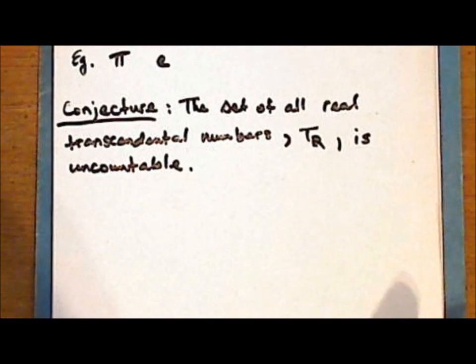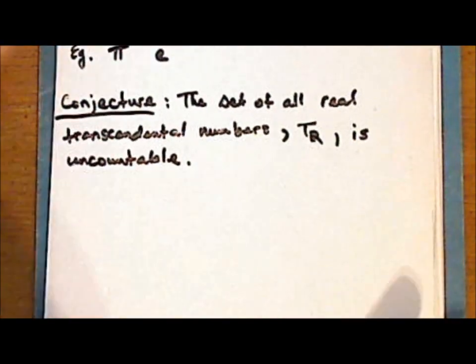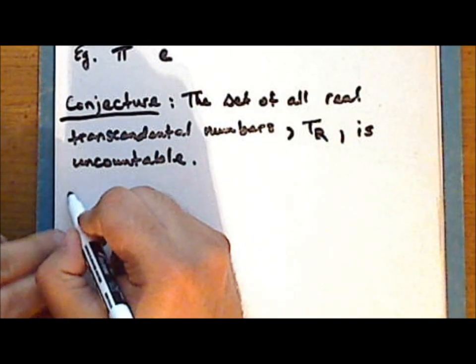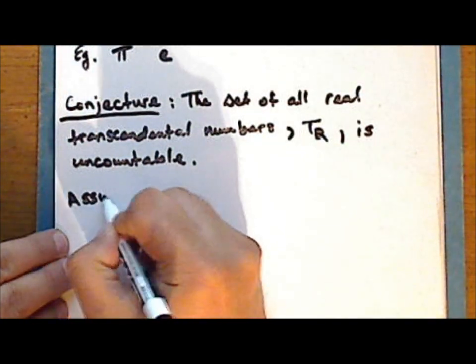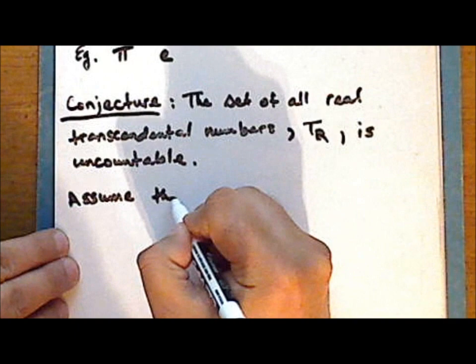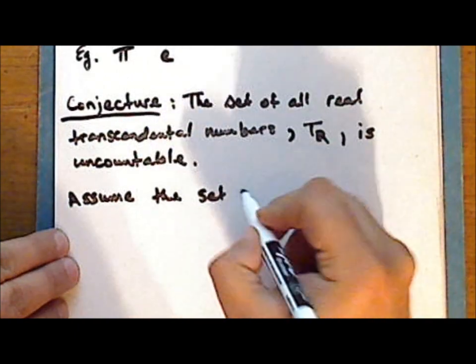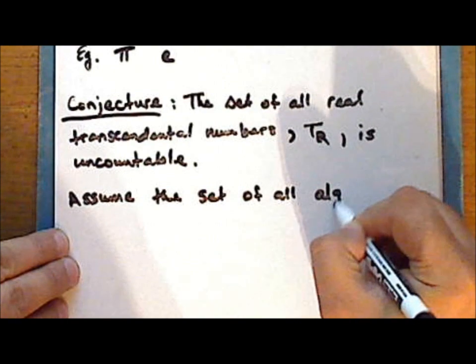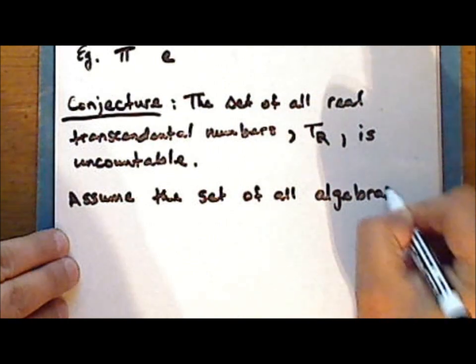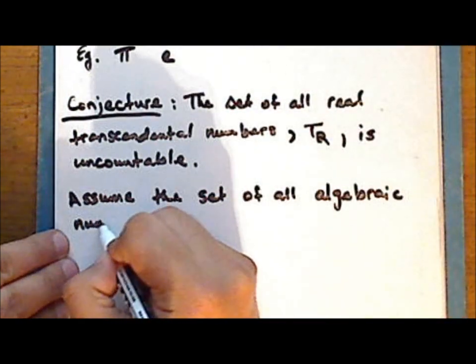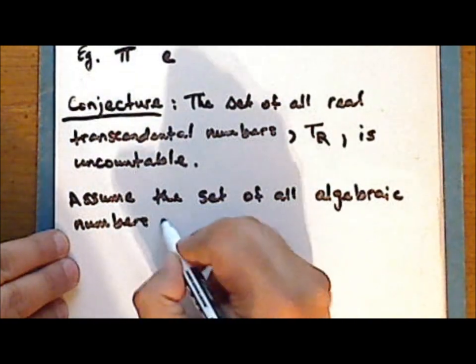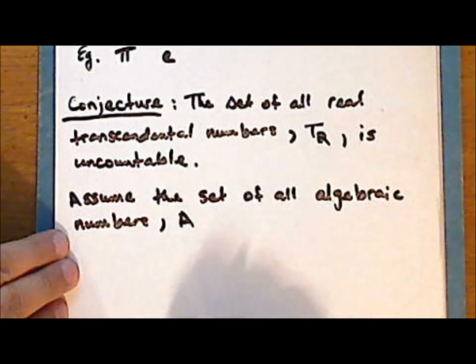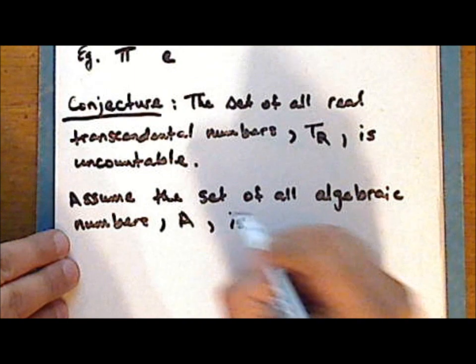And to prove this conjecture, again, we're going to use a fact that we have not yet established, and we're going to assume the set of all algebraic numbers, which I'll denote with the symbol A, is countable.